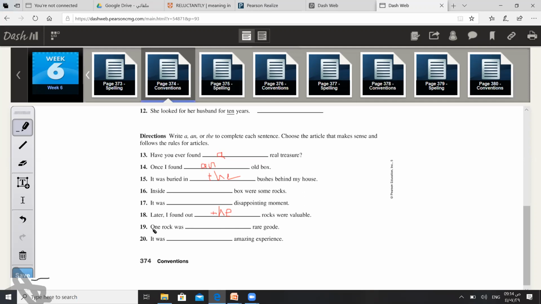"One rock was brave." And the last one: "It was an amazing experience." An excellent, an amazing experience. Number 16 is "the" and 17 is "an."